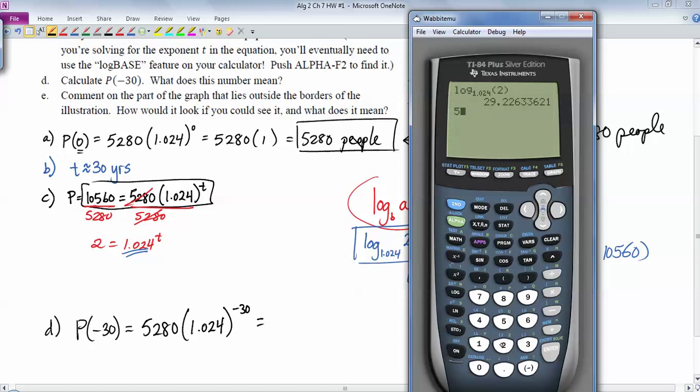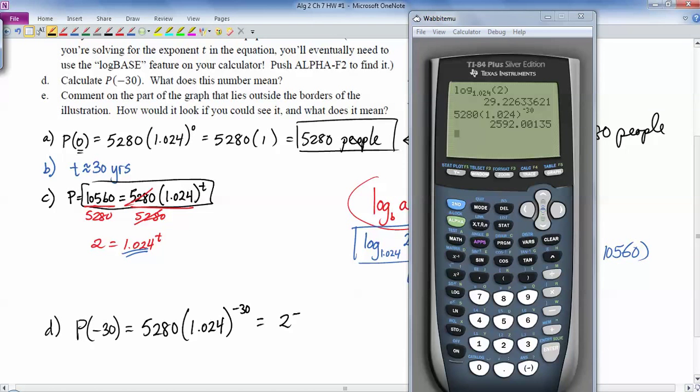So it's 5280 times 1.024 to the negative 30th. And that is 2,592 point, well, since it's people, let's just leave it like that, since P is in terms of people.